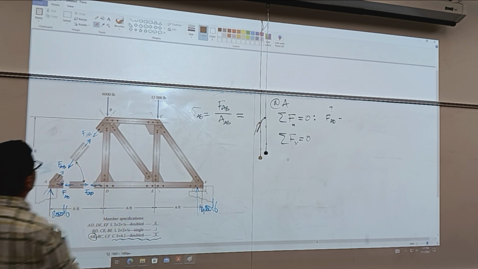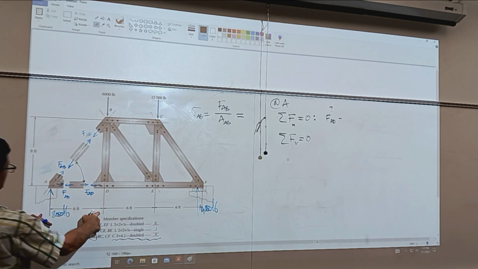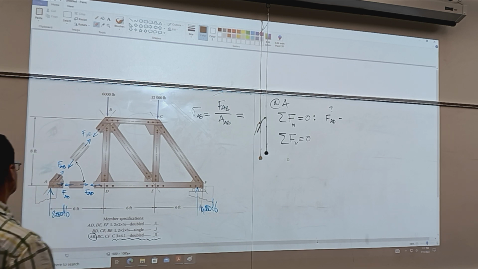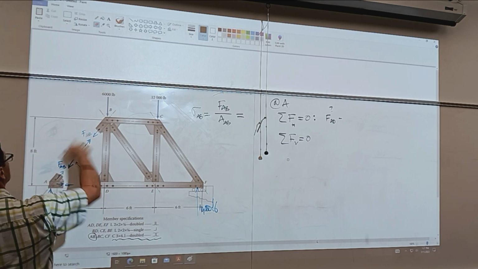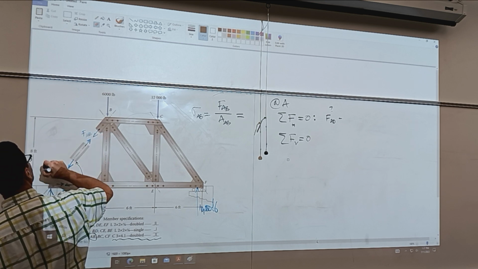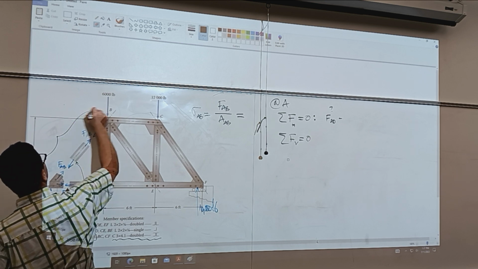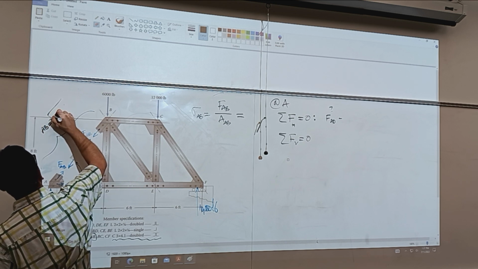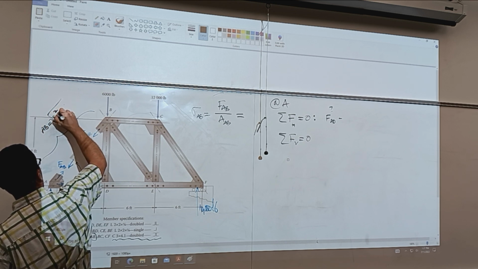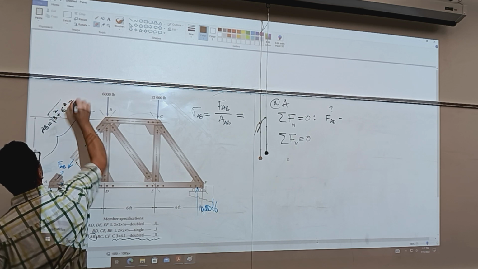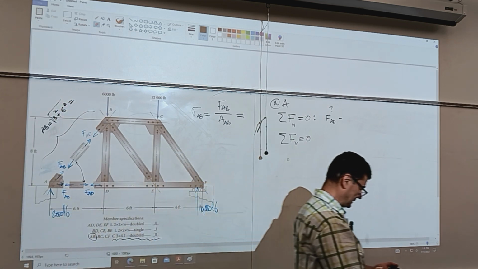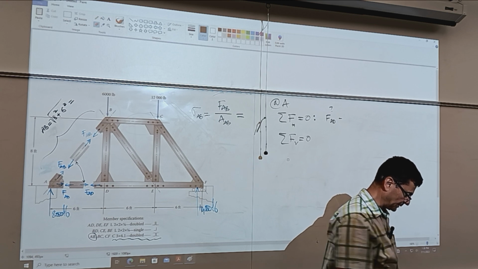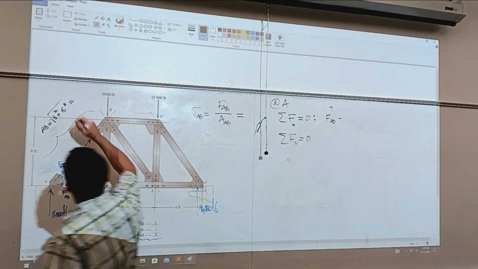So let's see what this angle equals. I have 6 feet and I have 8 feet, right? And then what is the AB length? AB is going to be the square root of 8 squared plus 6 squared. That's 10, so these are Pythagorean numbers.